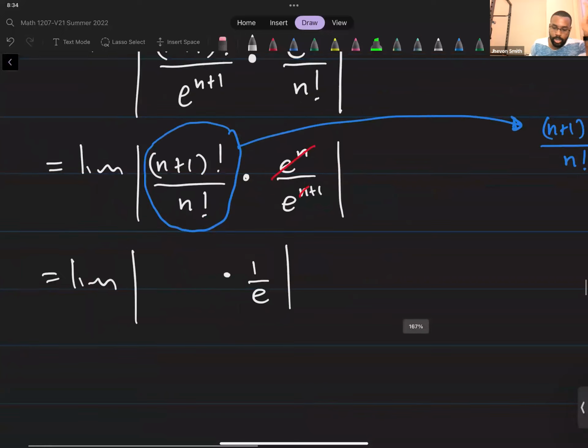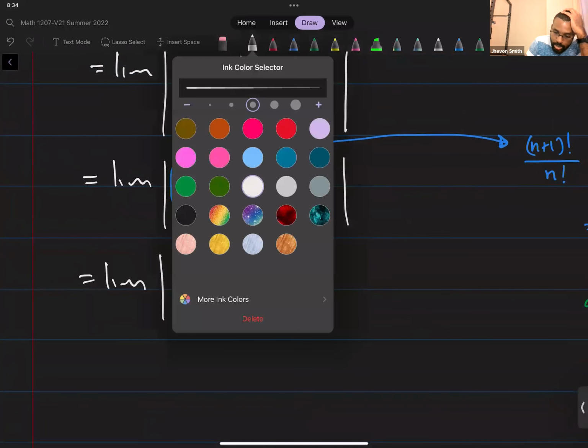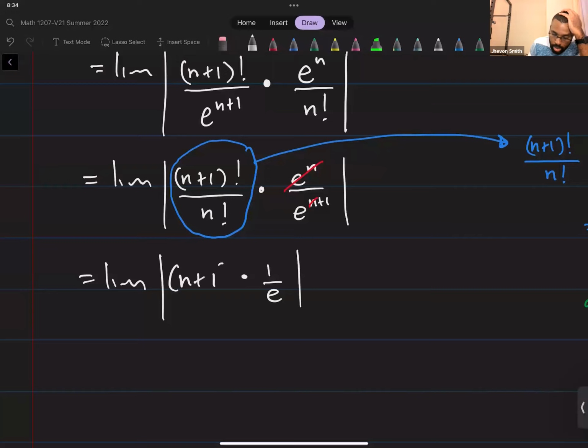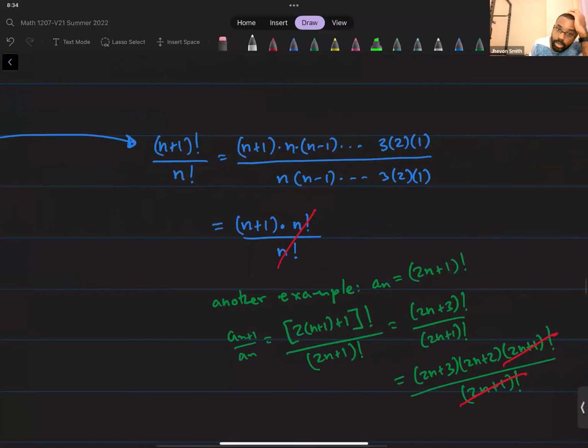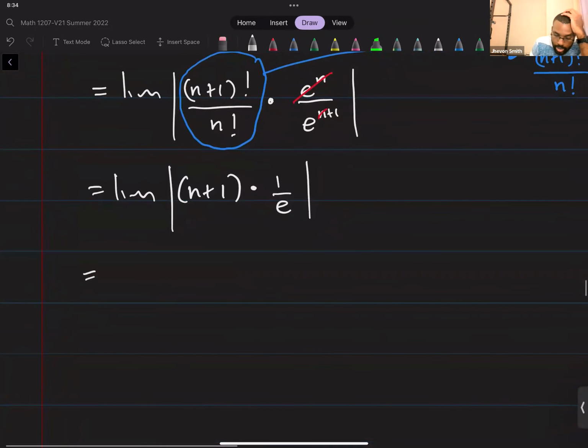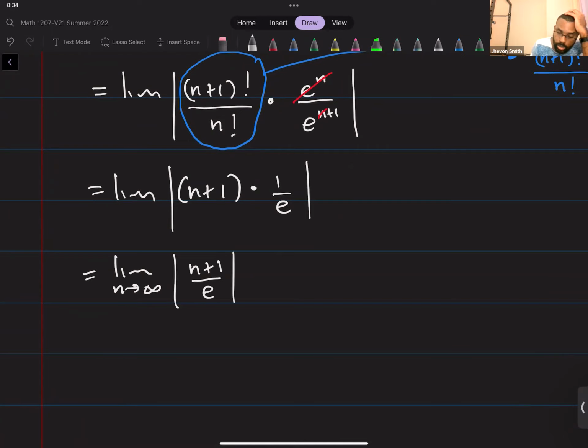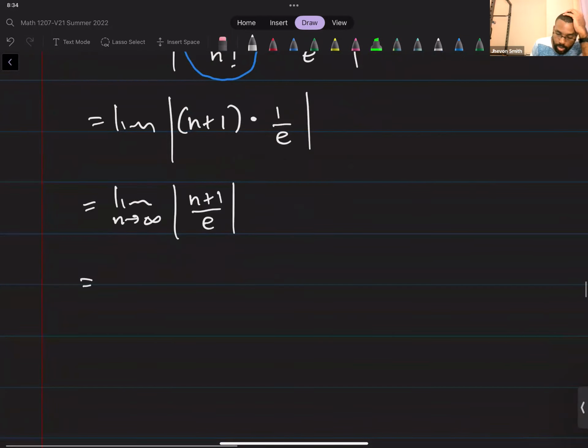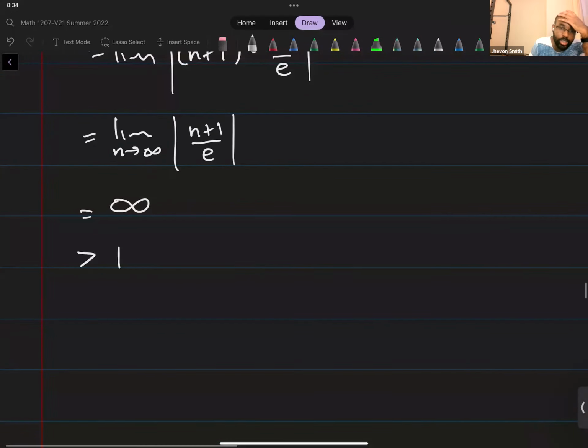So this n plus 1 times n factorial will actually simplify to n plus 1, by this calculation here. And now I'm taking the limit as n goes to infinity of (n plus 1) over e. Obviously that goes to infinity because my n is in the numerator. It's going to infinity. e is just a constant. And oh, by the way, infinity is greater than 1. It's a lot greater than 1.